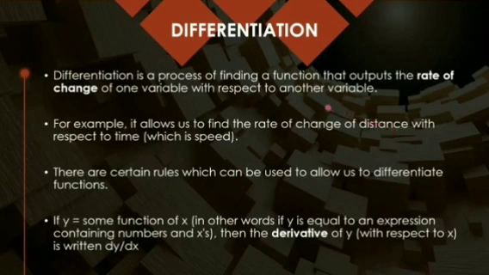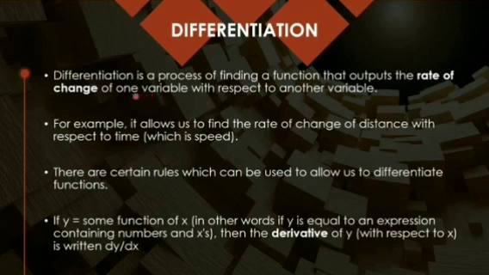First of all, to begin with, what is differentiation? Differentiation is simply a process of finding the rate of change of one variable with respect to another variable. Like if I say that y is a function of x, then I can find the change in y with respect to x.